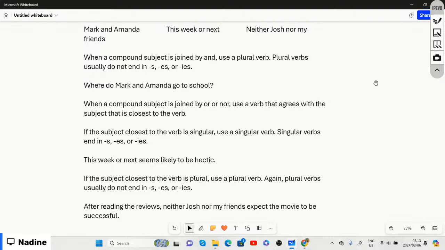All right, so we can now say that when a compound subject is joined by or or nor, we use a verb that agrees with the subject that is closest to the verb. And if the subject closest to the verb is singular, we use a singular verb. Singular verbs end in s, es, ies.